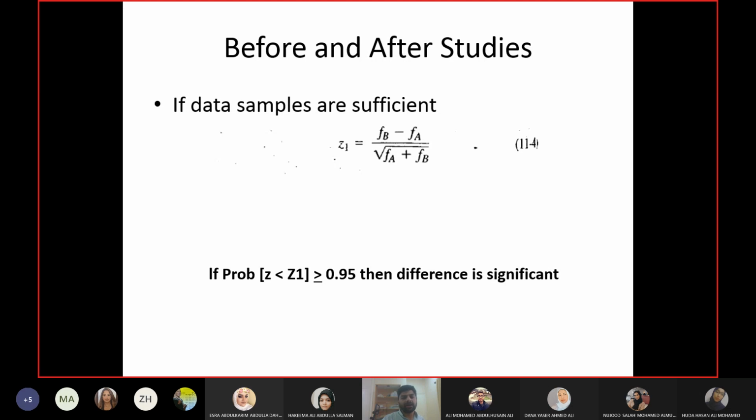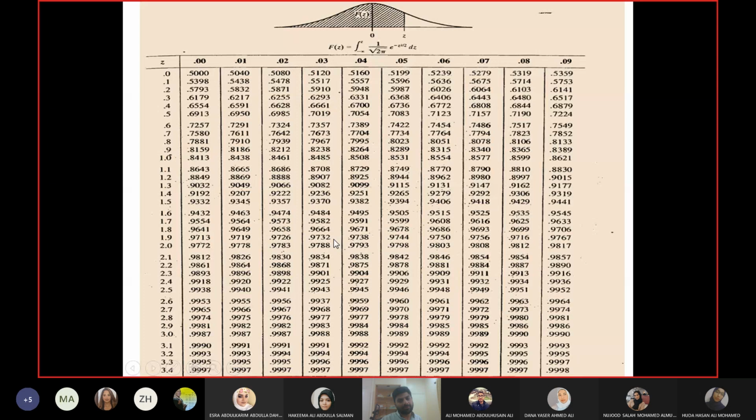These crash rates are represented with FB and FA. B means before, A means after. So FB is the crash rate before, FA is the crash rate after. You calculate the z value, then go to the z table and find the probability of the z value, and I told you the limit is 0.95.